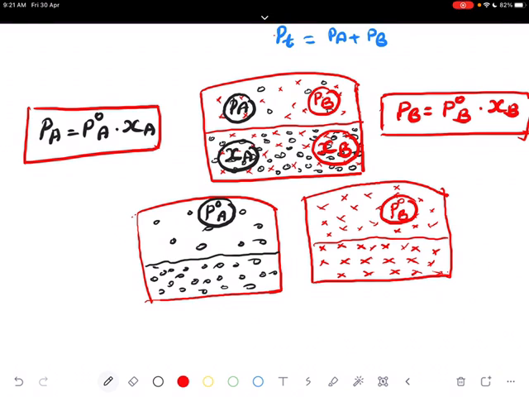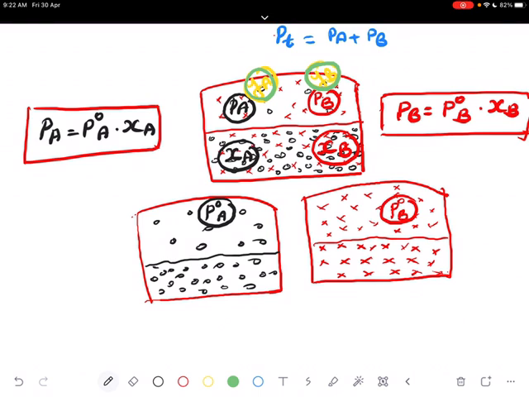Now, there is a YA. What is YA? YA is the mole fraction in the vapor phase of component A, and YB is the mole fraction of the component B in vapor phase.